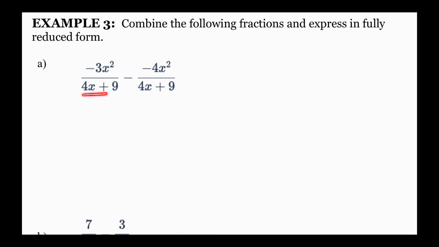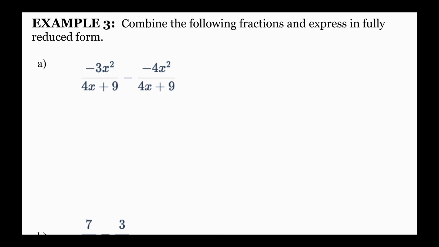So this is a binomial and a binomial, right? It's got 2 terms, 4x and positive 9. They both have that. So do we have a GCF? We have to factor them using the rules on the board. So is there a GCF here and here? Can't divide it by 4. Can't divide it by 2.